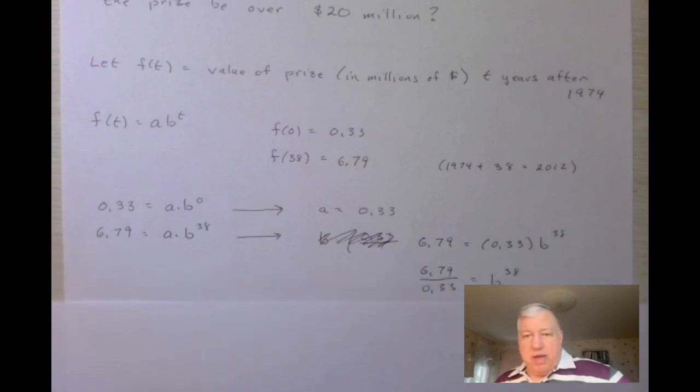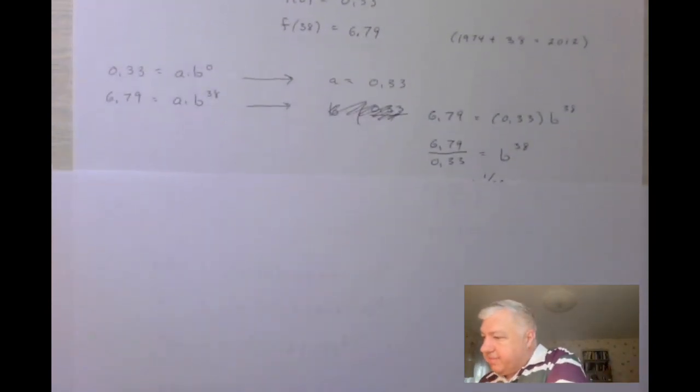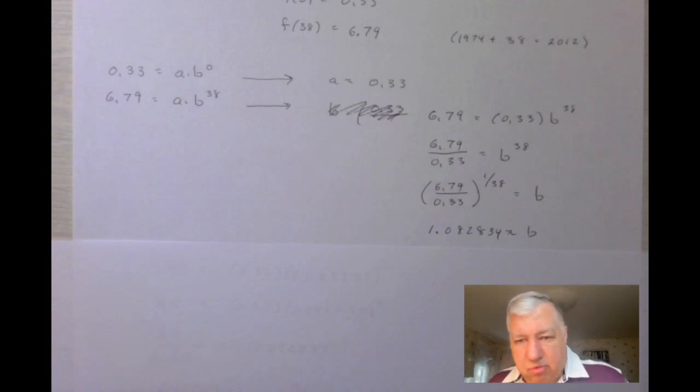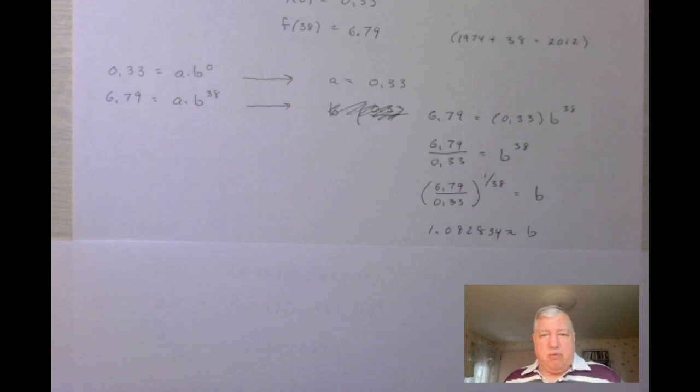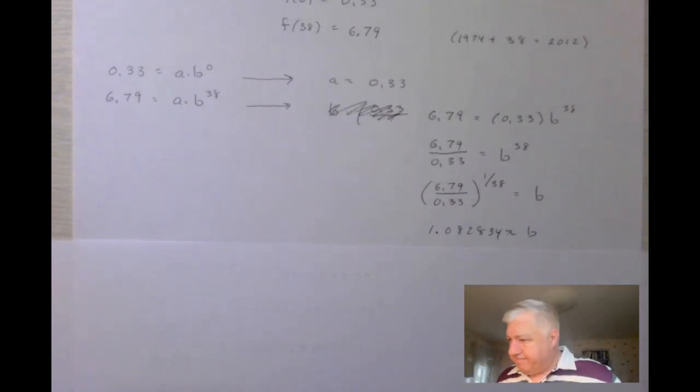We divide both sides by 0.33 and raise both sides to the 1 over 38th power, and that's b. And b is approximately 1.082834. In these problems, you really want to keep as many decimal places as you can to prevent any round-off error.